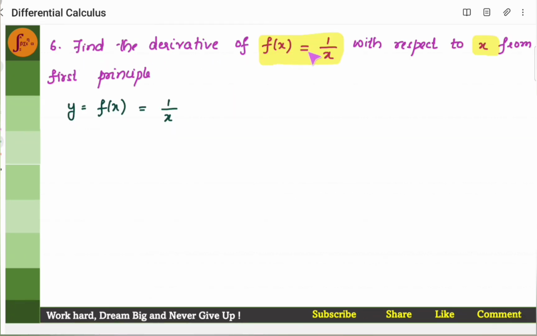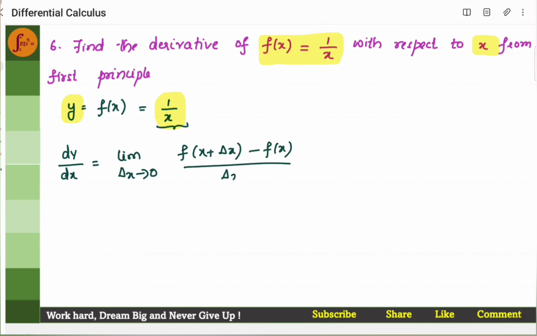Let's find the derivative of 1 by x with respect to x using first principle. So we'll take y is equal to f of x, which is equal to 1 by x. You have to find the derivative of this particular function. dy by dx is equal to, let's write down the formula, limit delta x tending to 0, f of x plus delta x minus f of x by delta x.